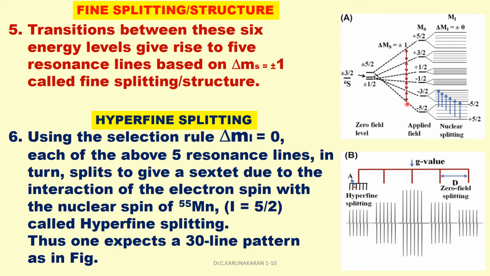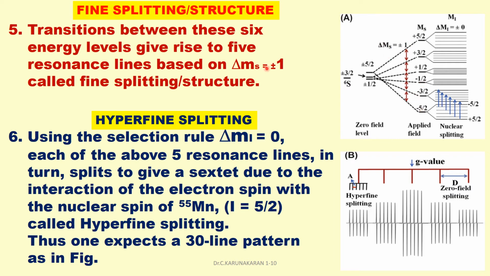Based on this selection rule, the transition between minus 5 by 2 to minus 3 by 2 is allowed, whereas the transition from minus 5 by 2 to minus 1 by 2 is not allowed.